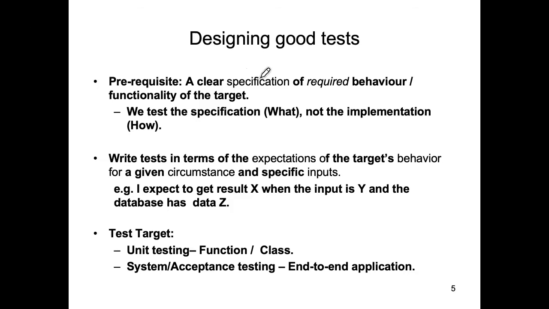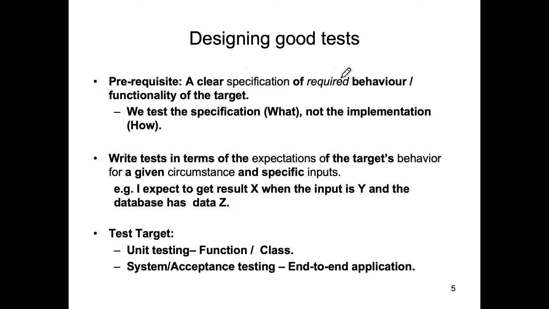You must have a specification, however that's documented, in English or whatever language. And it's a specification of the requirements of the behavior of that particular piece of software. As I said, it could be a method or it could be a feature. That has to be the starting point.